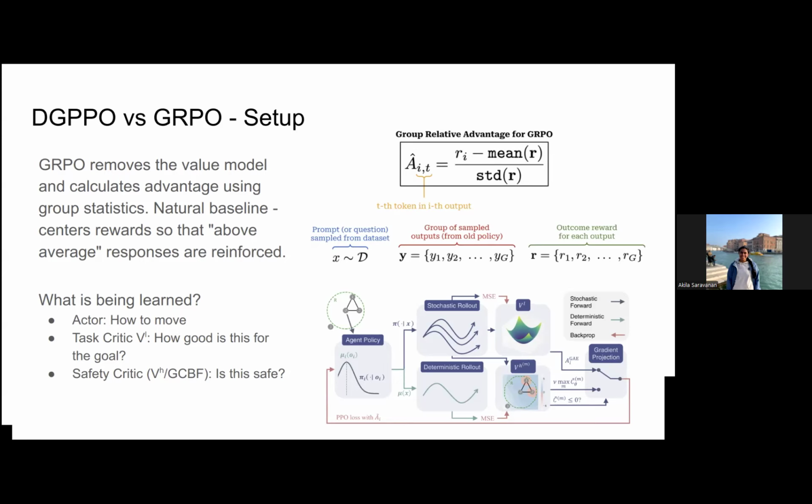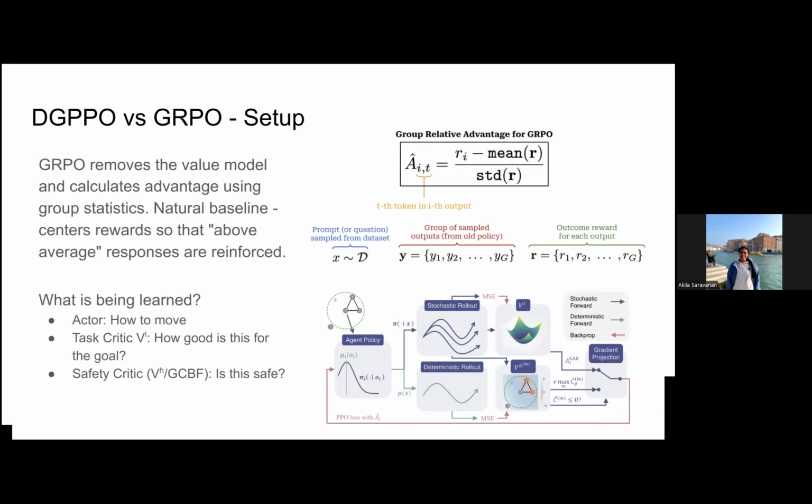And GRPO says that if you do it on the distribution level, not on a singular one but like 16 rollouts, and you figure out that the rewards for these 8 are better than the other 8, let's just maximize the actions towards those which bring those relatively good rewards. In that case, you won't need the critic much. So at least the task critic part can be replaced with that, I think.